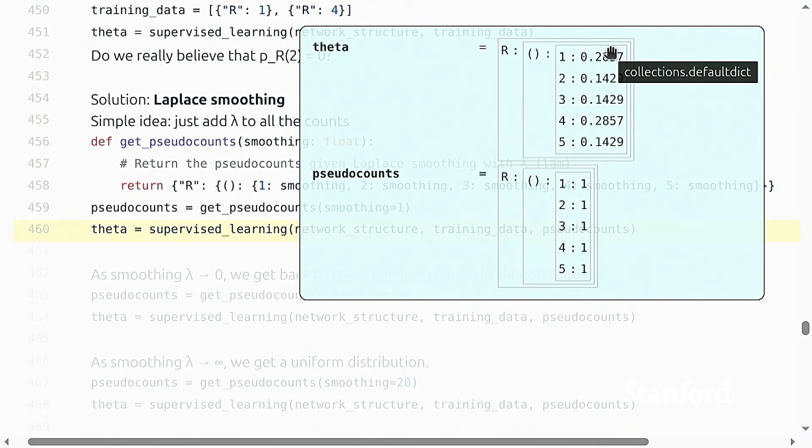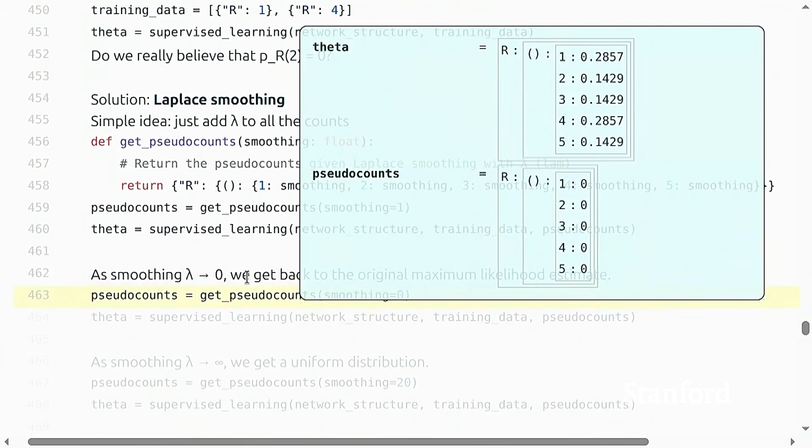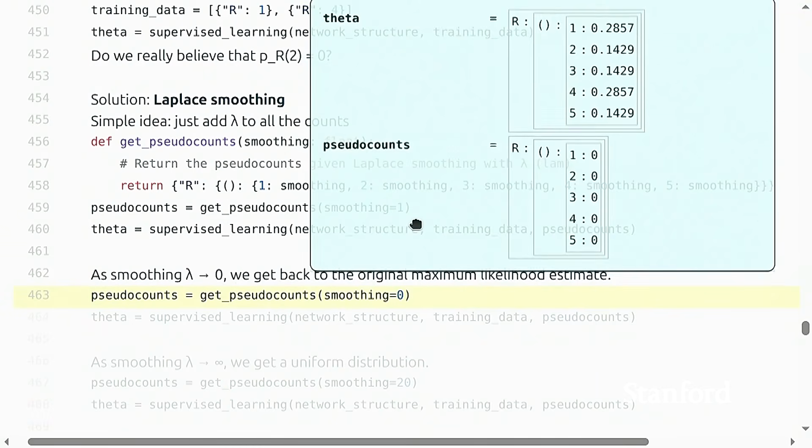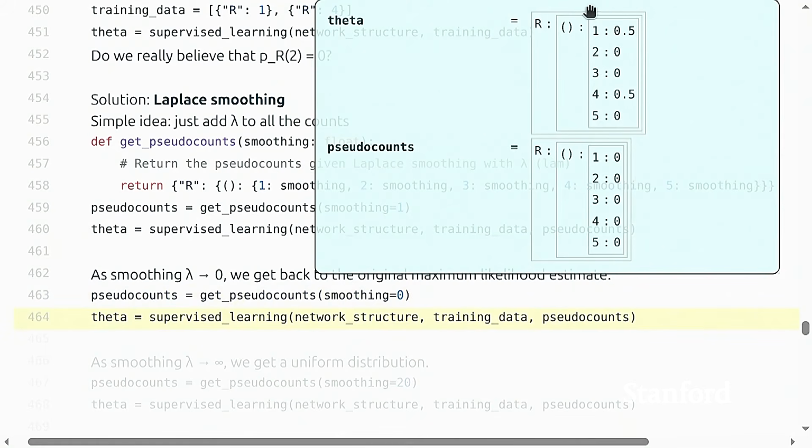Okay, so a few properties about smoothing. One is that as smoothing goes to 0, we get back to the original maximum likelihood. So if the pseudo counts are 0, then if you do maximum likelihood, if you do supervised learning, you get back the original maximum likelihood estimates.